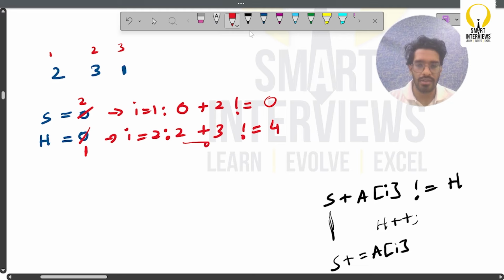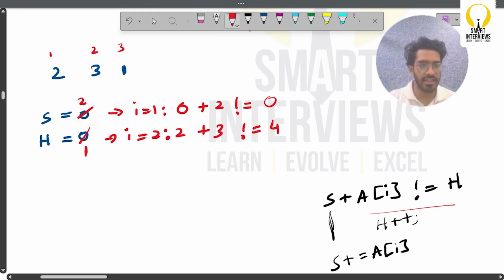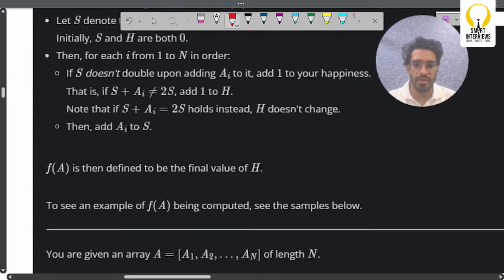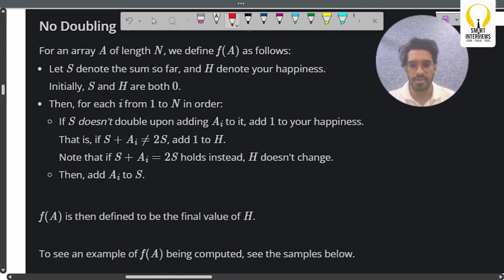And as you can see, this sum is giving us 5, where 5 is not matching with 4. Can I say this condition is true? If this condition is true, we have to increment the value of h. So that means h value now gets updated from 1 to 2. That is the same thing that was represented here, adding 1 to h.